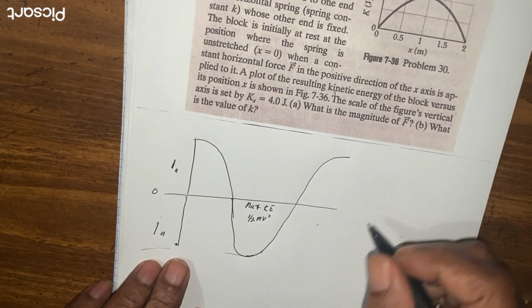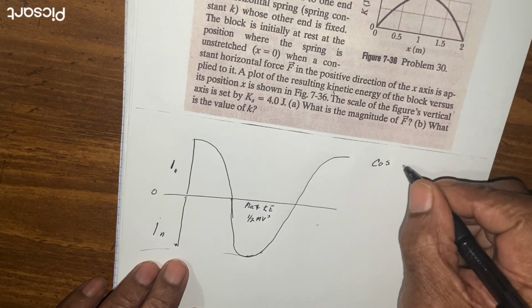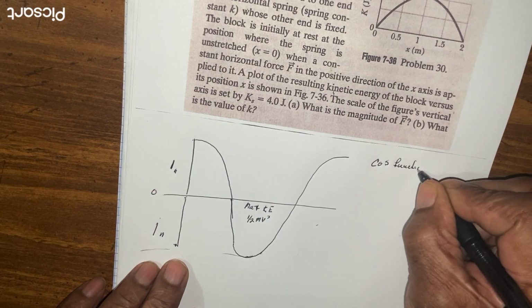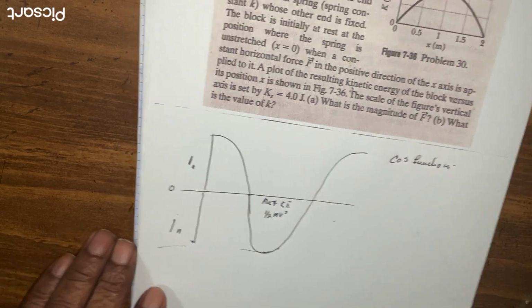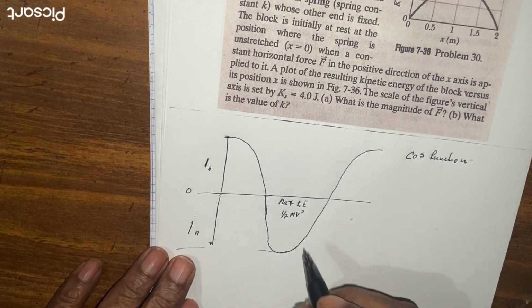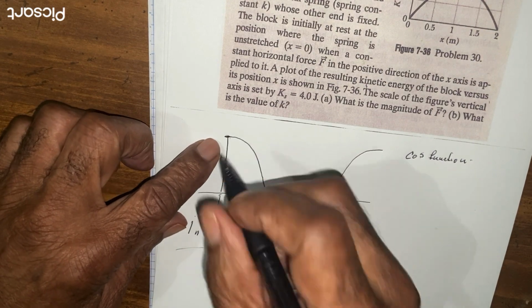This is a cosine function. If you look at it, this is a cosine function. So we know when it's stretched, all the energy is potential.